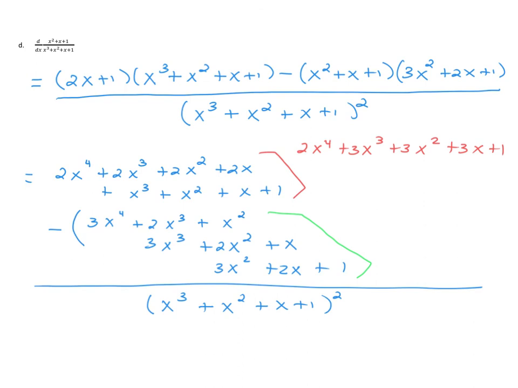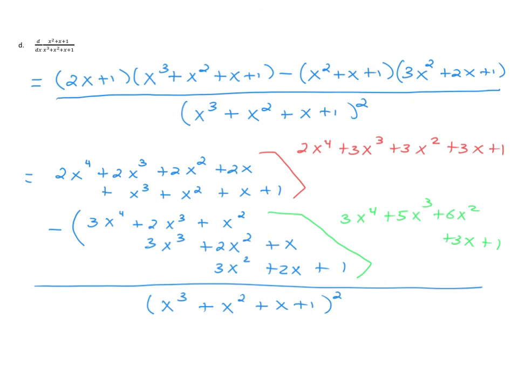If I combine all of the stuff from my second term, okay, we get a 3x to the 4th. Right, great. We get a 5x cubed. We get a 6x squared. We get a 3x and a 1. And this stuff is being subtracted from this stuff.